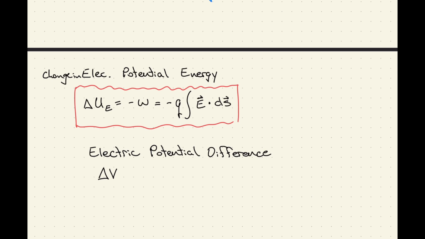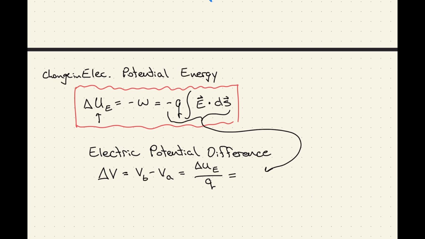And you can write this difference as the potential at point B minus the potential at point A. And it's literally equal to electric potential energy divided by some charge Q. If you bring down this equation, which is exactly equal to electric potential energy, over here, let's do some math. It literally just cancels out this Q here, right?